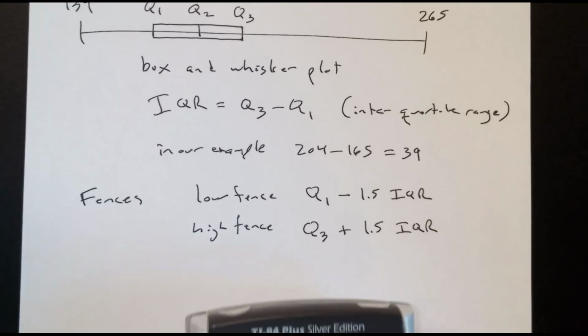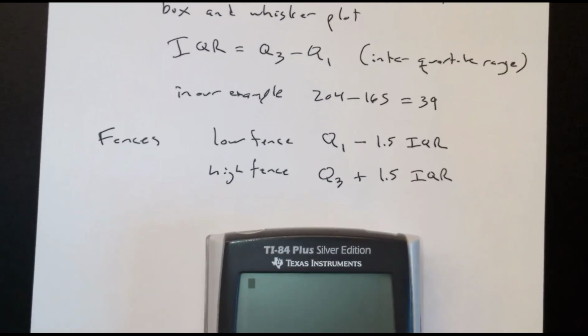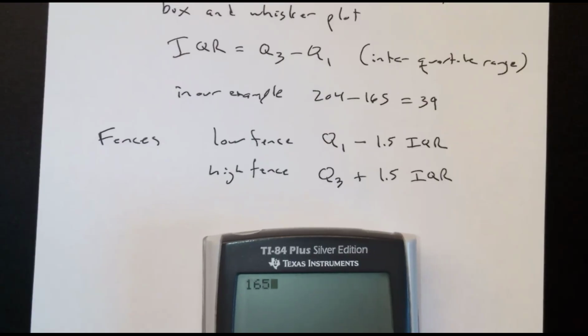So in our case, 165 minus 1.5 times 39, and then 204 plus 1.5 times 39.